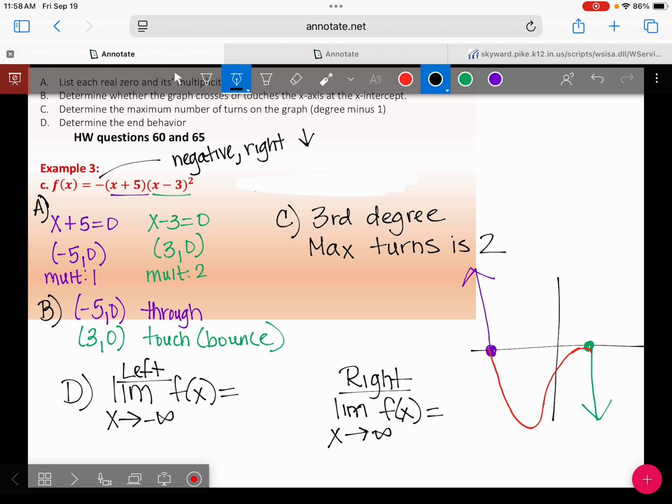So on the left, the arrow is pointing upwards. So that means that my end behavior on the left is +infinity, but on the right side is doing the opposite, is going down.